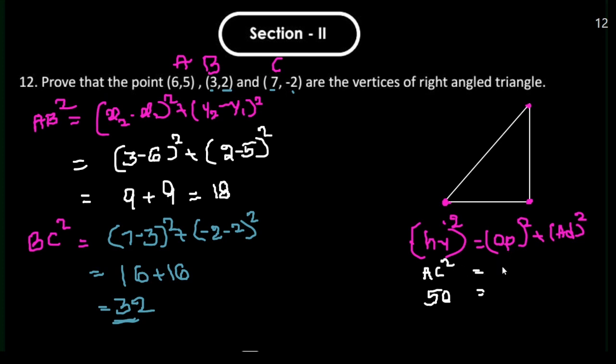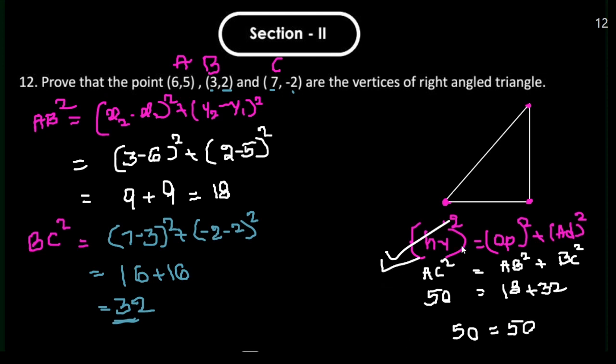What is AB square? 18. And BC square is 32, 18 plus 32. Yes, it is proved. Hence 50 is equal to 50. Then we got LHS is equal to RHS. So it is a right angle. These are the points of vertices of a right angle triangle. Hence proved.